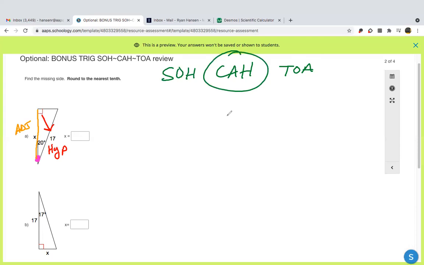It's CAH, which stands for cosine from the reference angle, which was 20 degrees, equals adjacent goes on top, X, over hypotenuse goes on bottom, 17. That is your setup.